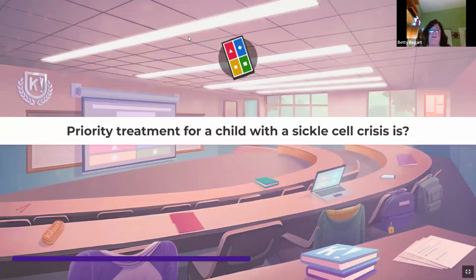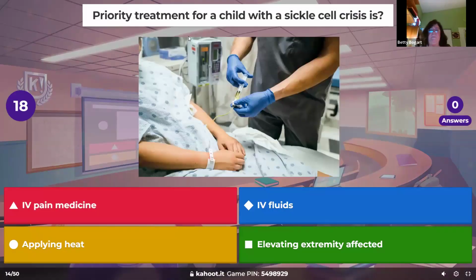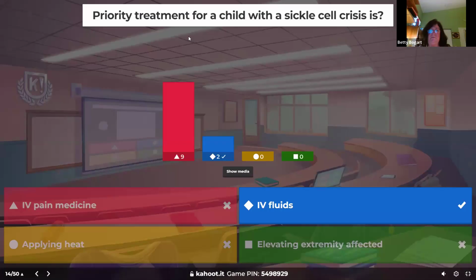Priority treatment for a child with a sickle cell crisis is what? Coming in there hurting. Their knee is swollen, hot, it's painful. What are you going to do? And you could do all of these. What's priority? IV fluids.